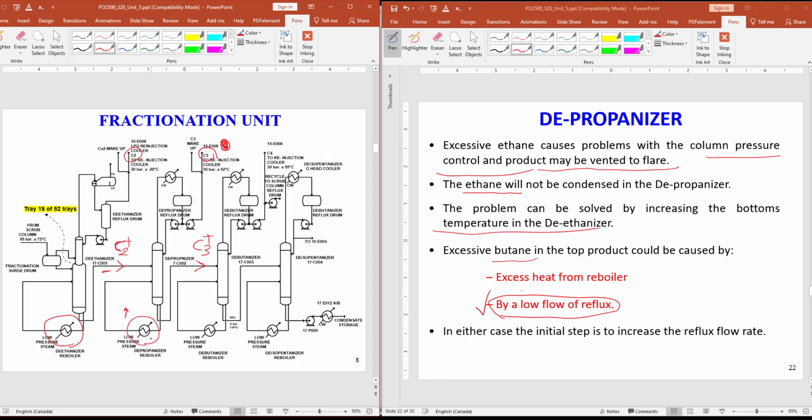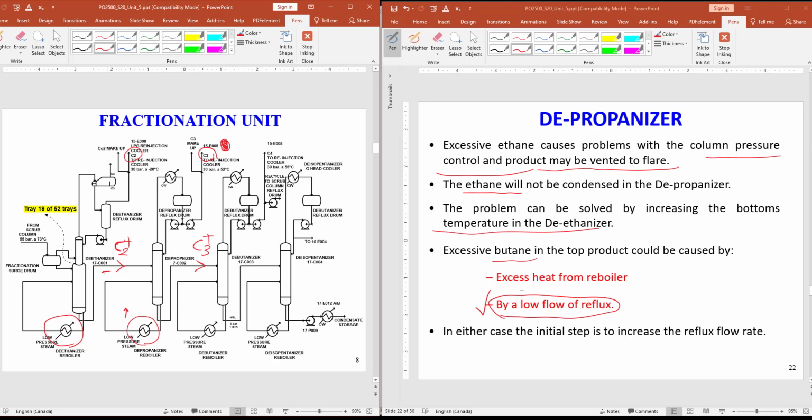This high temperature in the reboiler causes us to send more volatile components to the vapor phase. So we send butane to the vapor phase instead of keeping butane, which is heavier than propane, in the liquid phase, and that's why you will see butane here.